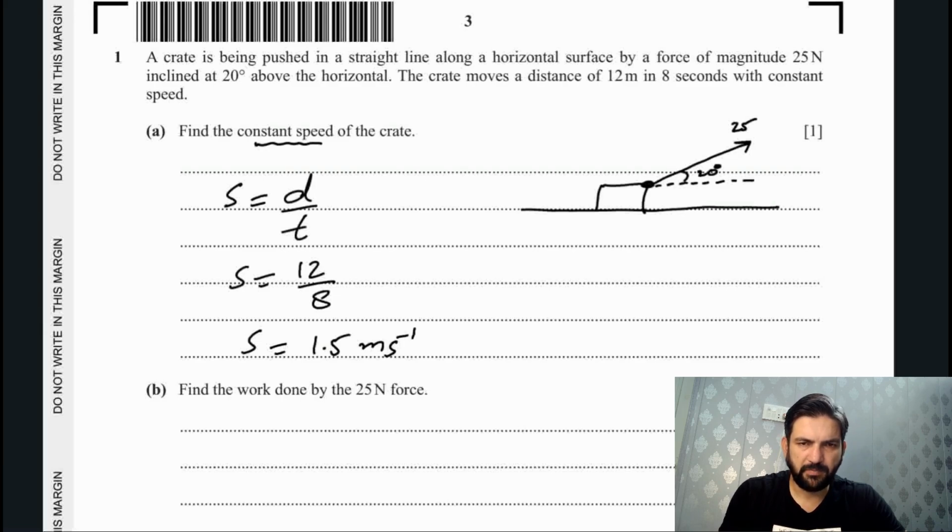Let's move to the B part. Find the work done by the force 25 Newton. For work done we have to use the horizontal component. If we resolve it into components, this will be 25 cos of 20 and this component will be 25 sine of 20.